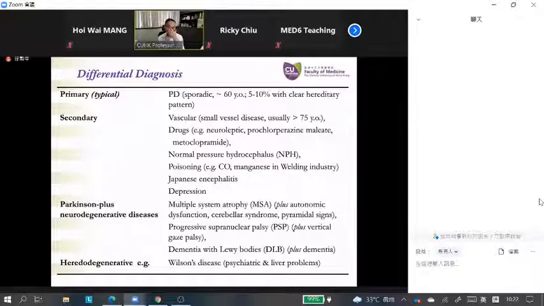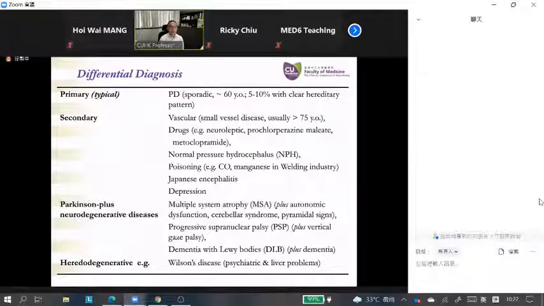Poisoning, such as carbon monoxide, especially after suicide attempts, and manganese in the welding industry, may be poisonous and manifest as Parkinsonism. Japanese B encephalitis, and depression may also present with mask face, a very low mood mask face. We can tell from the history.